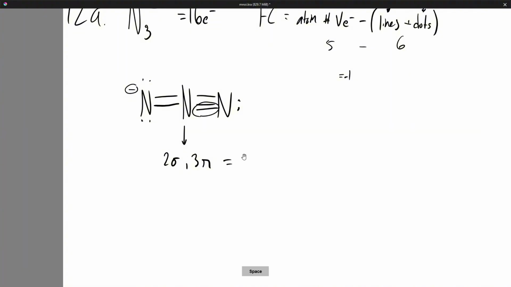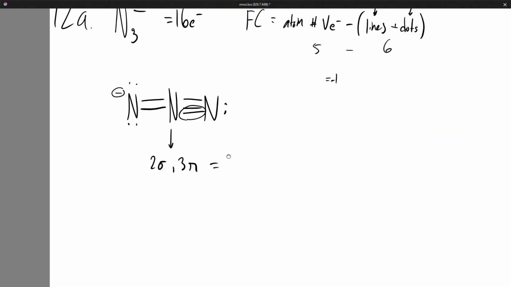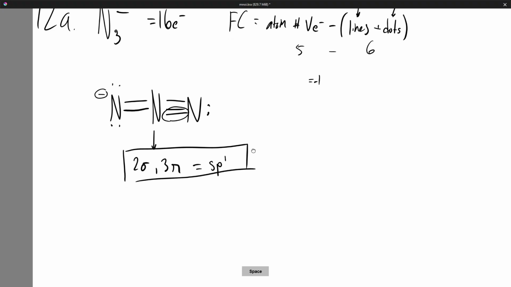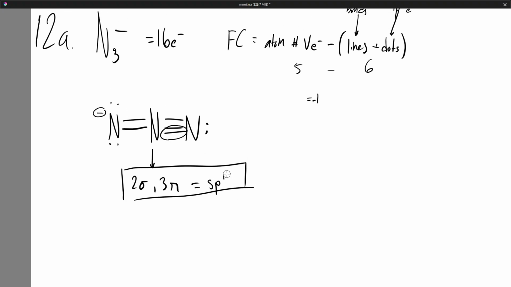Which means the hybridization for this central atom is just sp1. That's it. So this is the hybrid orbitals, and these are the bond types.